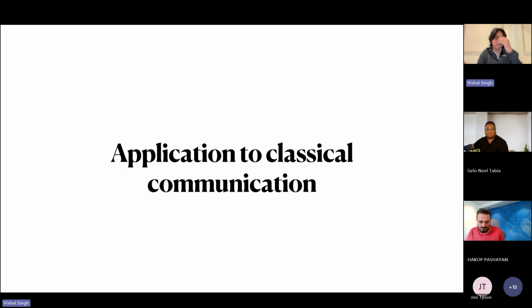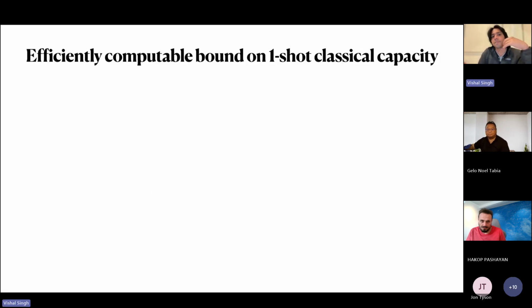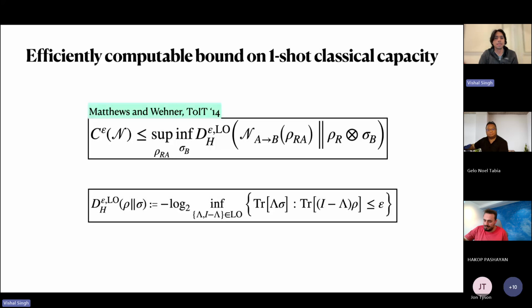So now I'll just talk about this application to classical communication. This is just one application that we considered in a short paper. There's this well-known bound from 2014 that tells us that the one-shot classical capacity of a channel is bounded from above by the hypothesis testing relative entropy between these two quantities.